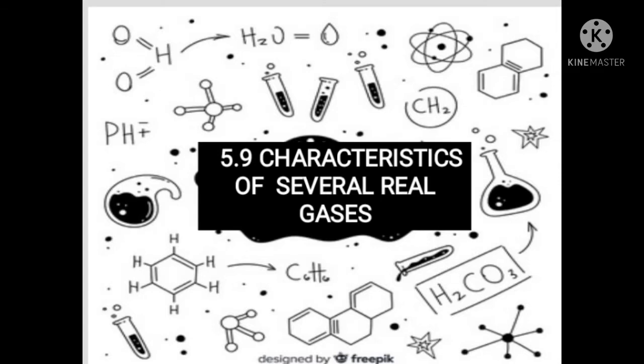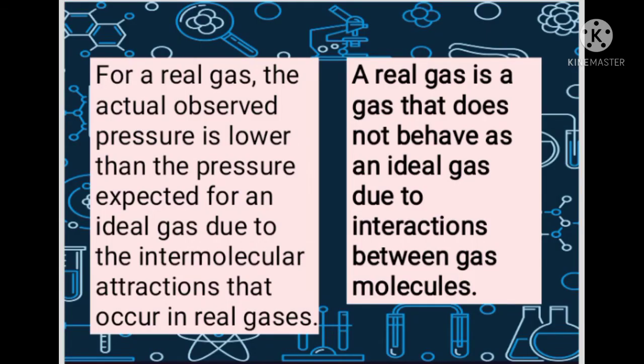So let's proceed to 5.9, the characteristics of several real gases. For a real gas, the actual observed pressure is lower than the pressure expected for an ideal gas due to the intermolecular attractions that occur in real gases.